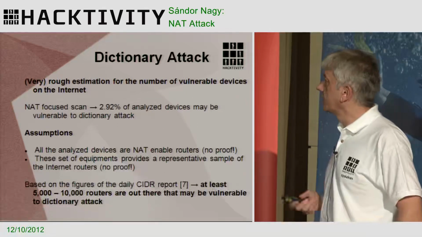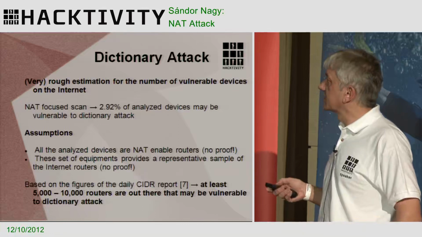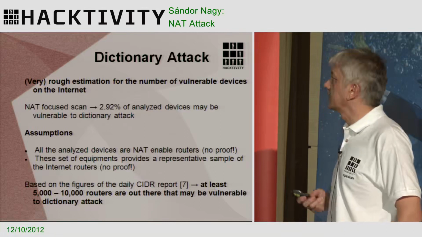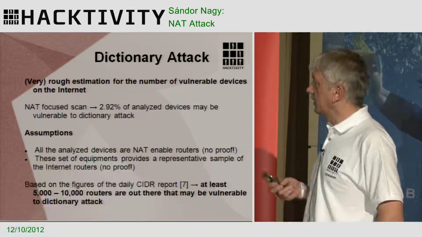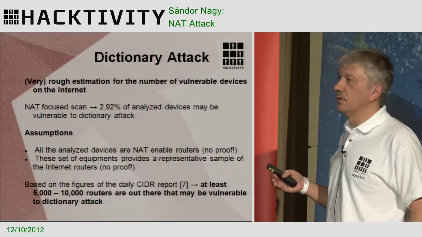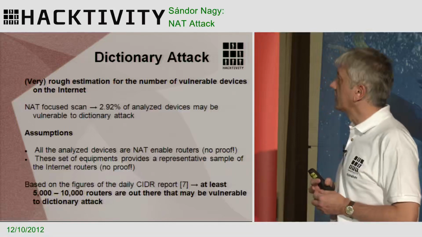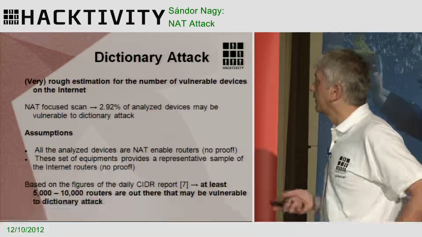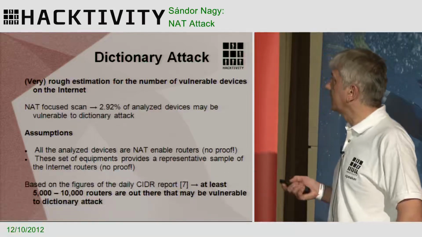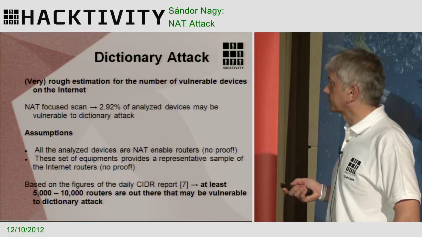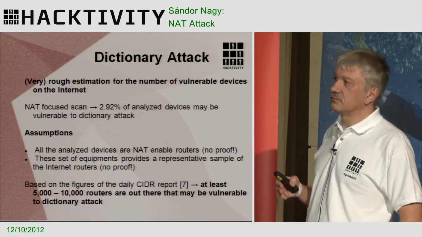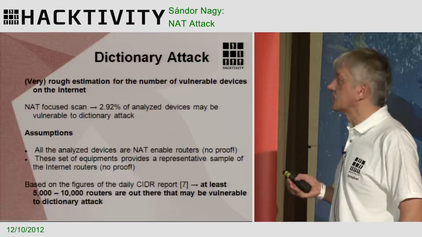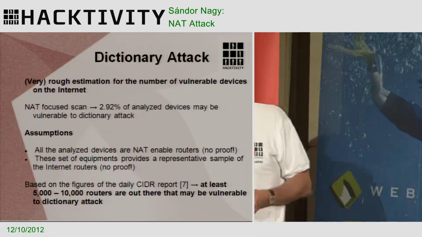This is nearly 3% of the whole set of devices that were investigated. If we make an estimation about the whole number of potentially vulnerable devices on the public internet, we have a result that between 5 and 10,000 routers can be potentially vulnerable from this perspective.